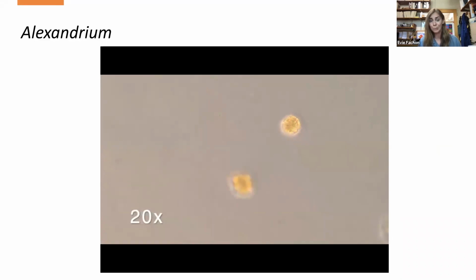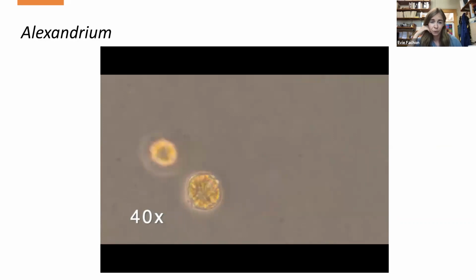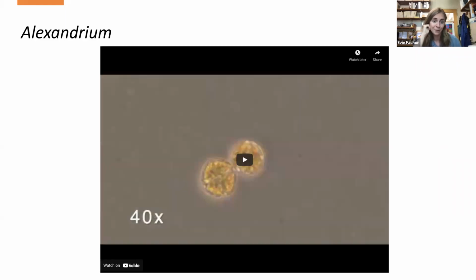But if you're able to zoom in more, you can get an idea of some of the structures we looked at before, such as that waistline groove or even the flagella in some cases, although those can be hard to find. This cell you're watching roll around is maybe not the healthiest, but it's a good way to see different angles of what the cells look like. I provided Thomas with a link to this video, and if you want to go back and watch it again, you can get a better idea of what you might look at in your live specimens.